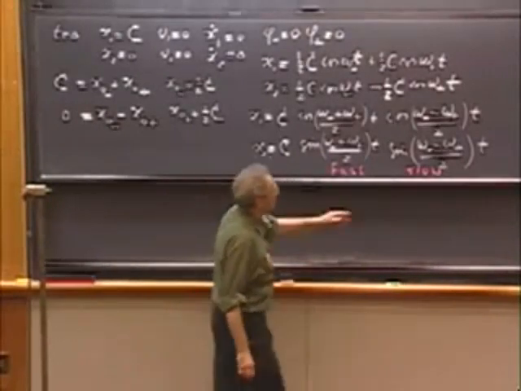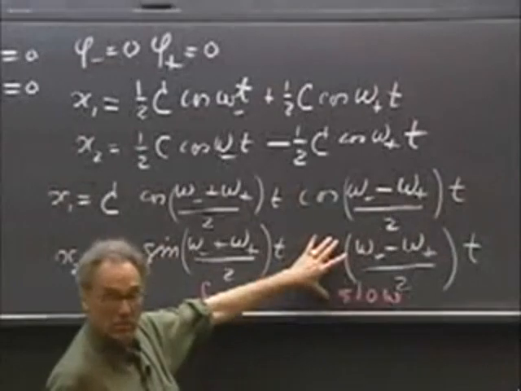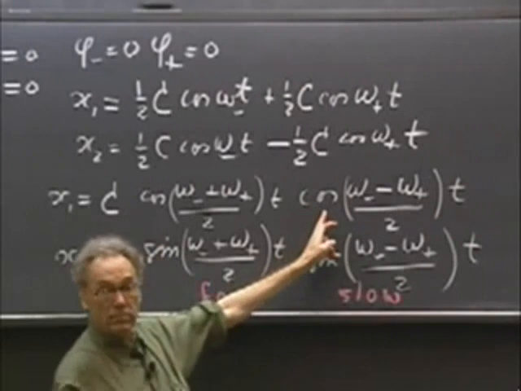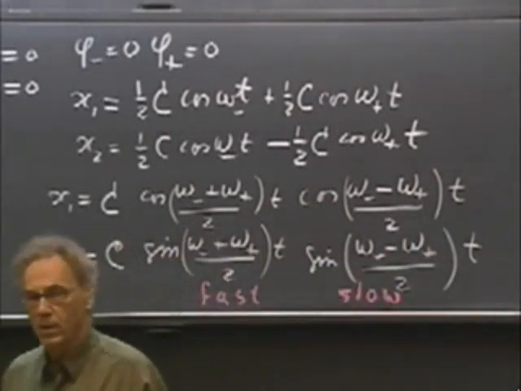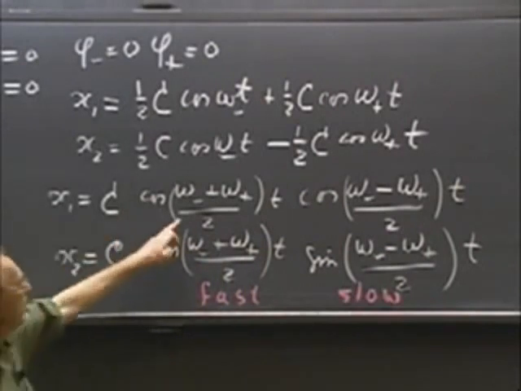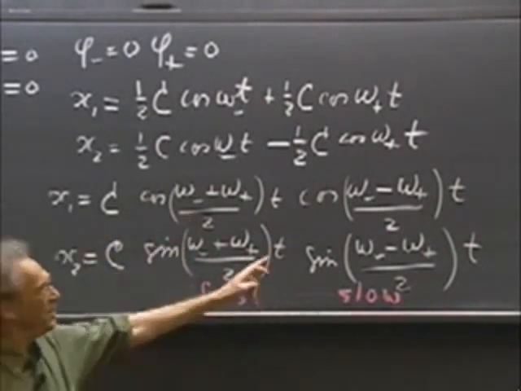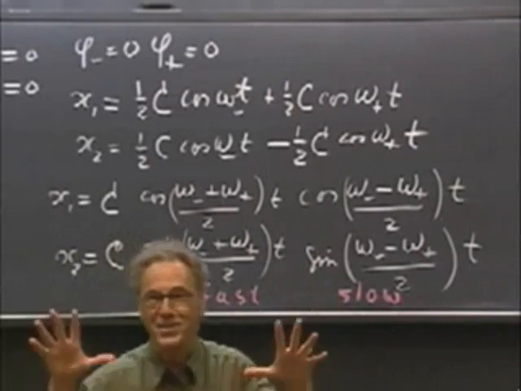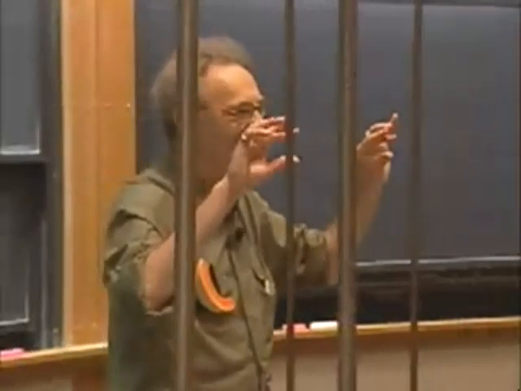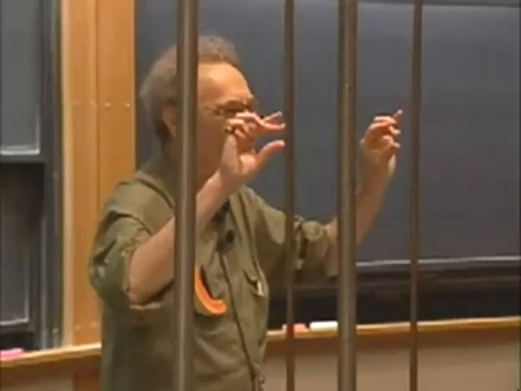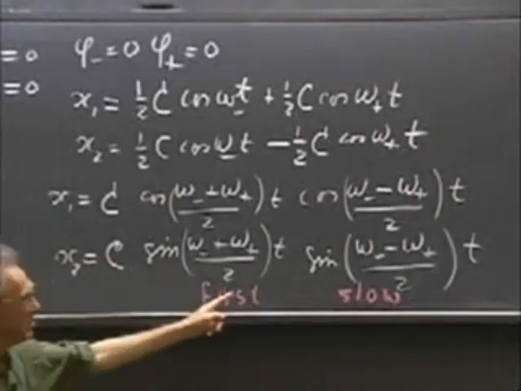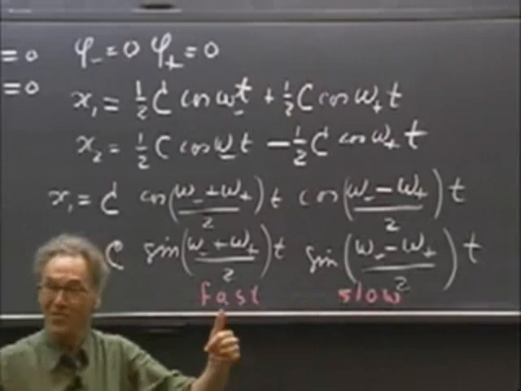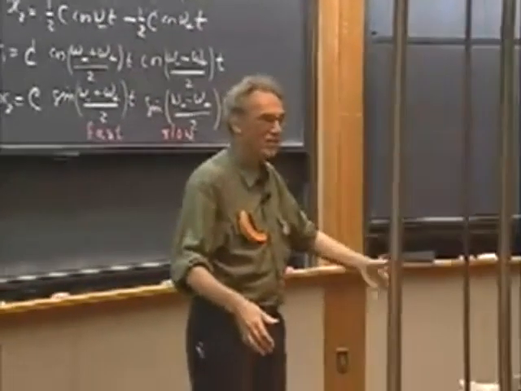At t equals 0, this one stands still, and this cosine term is going to be 1. This one is going to oscillate happily with this frequency, but this cosine term is very gradually going to 0. And as that cosine term gradually goes to 0, this one will stop oscillating, but this sine term becomes plus 1. And so the other one will start to oscillate.